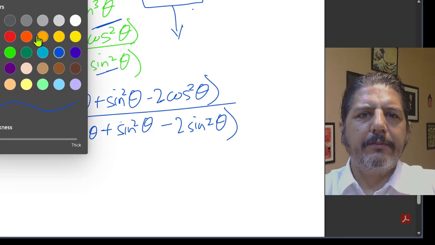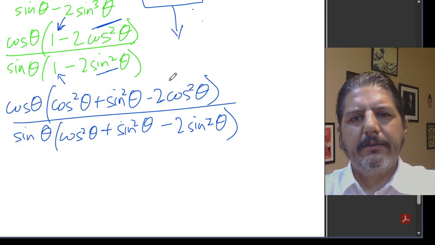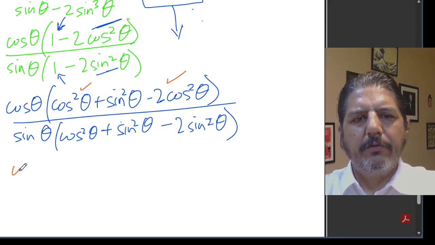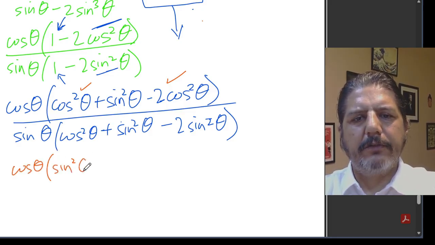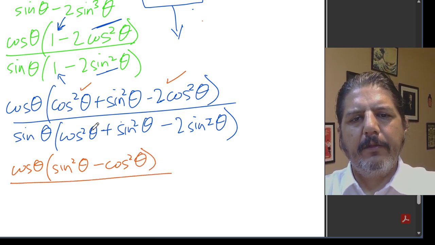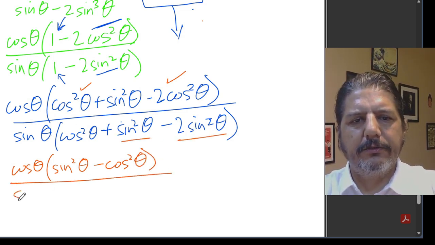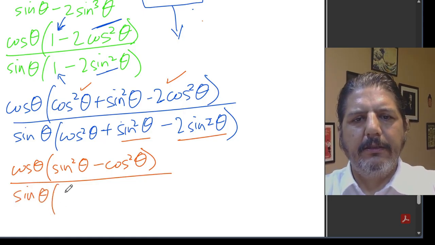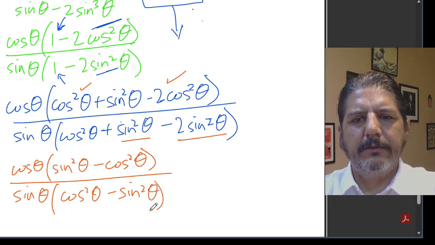Now how does this benefit me? Let's see. This is minus 2 cos²θ and this is plus cos²θ, so I'll have something like cos theta into sin²θ minus cos²θ, whole upon, I see minus 2 sin²θ here plus sin²θ here, so sin theta upon cos²θ minus sin²θ.